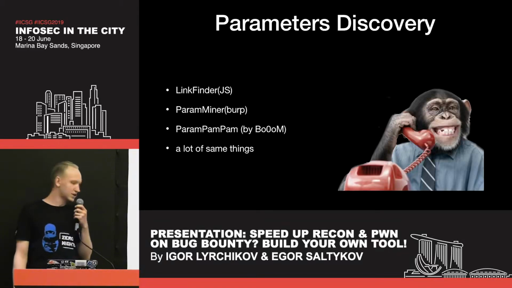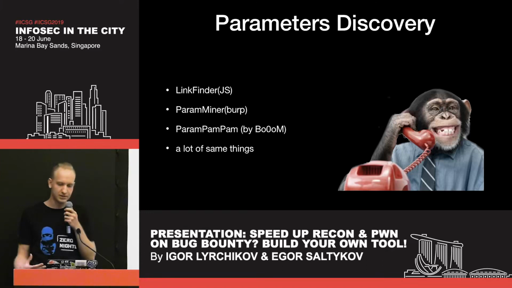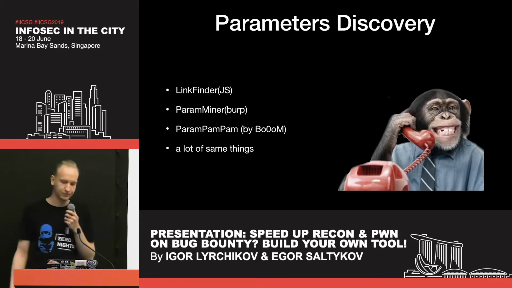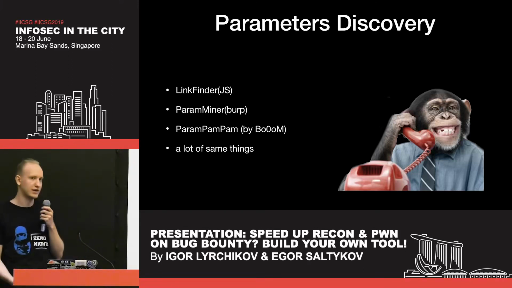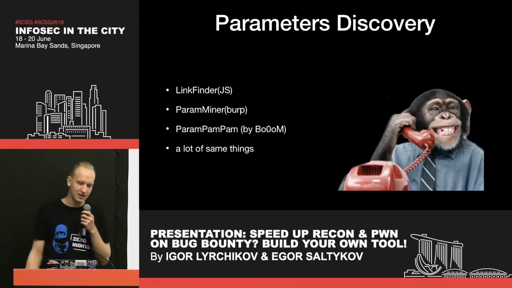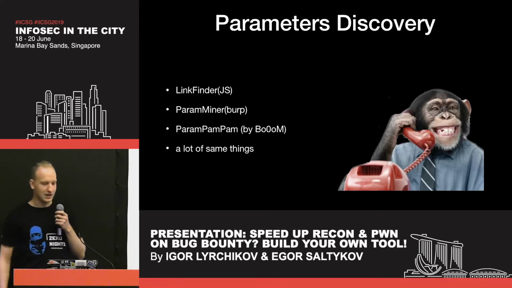Then one more necessary step is to find some parameters that might be used. So you can find an endpoint, but it wouldn't work without correct parameters. You need to pass them to this endpoint, and then you may try your luck and find some vulnerability.